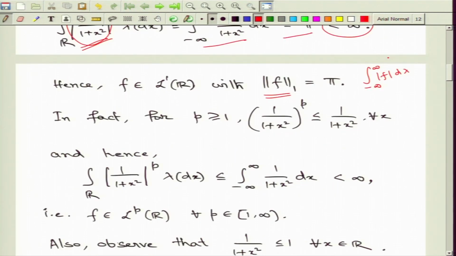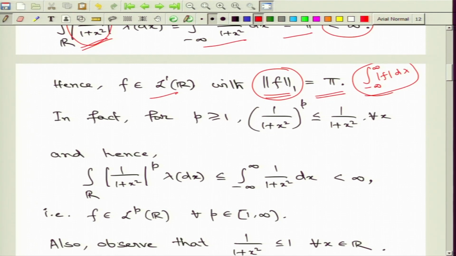So, we look at this integration for the function f with respect to the Lebesgue measure, and for L1 integrability, what we needed to check was that this integration should be finite, which we exactly computed to be the value pi. Therefore, the L1 norm of the function turns out to be pi, and the function is in L1, it is an element of L1.